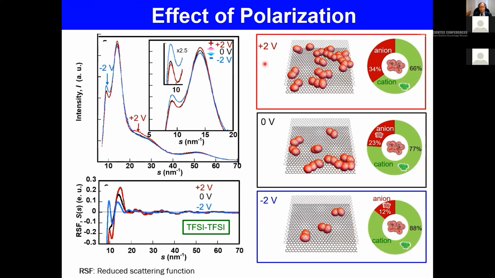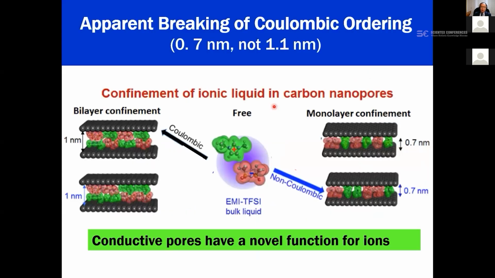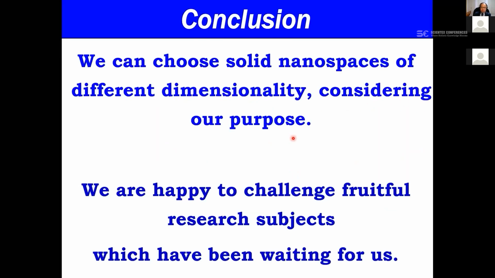Then if we apply +2 volts, surely the anion occupation increases from 23% to 34%. So the carbon pore, the electrically conductive pore space, is very unique. It has a very unique ionic structure. This behavior is very important.